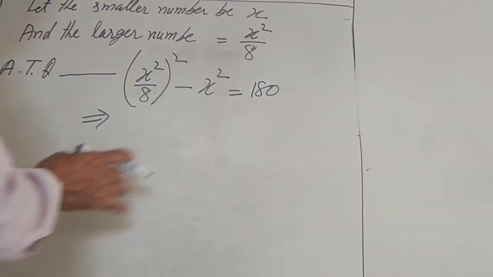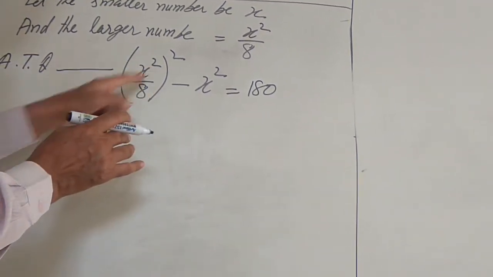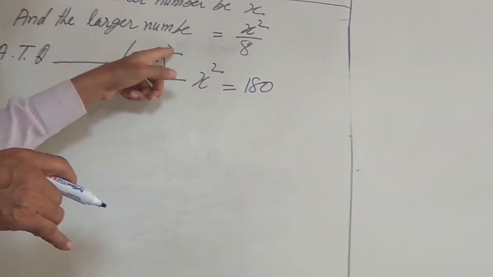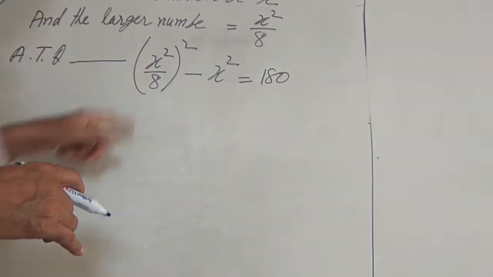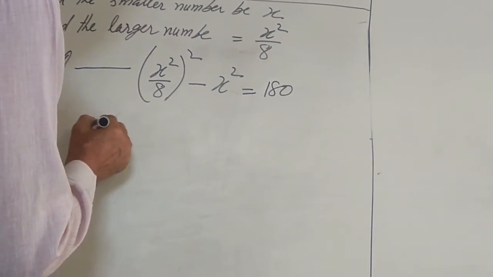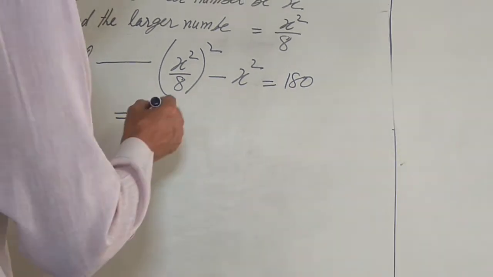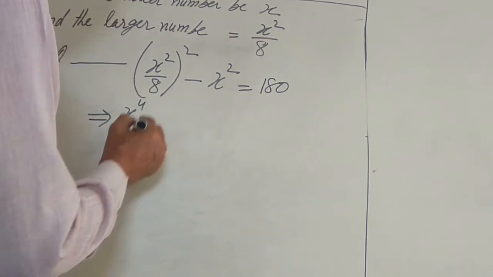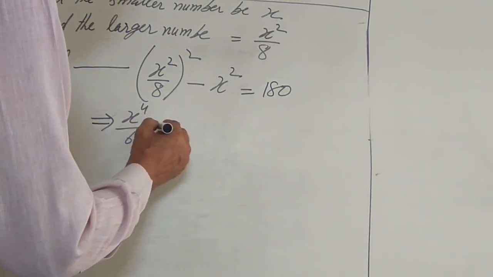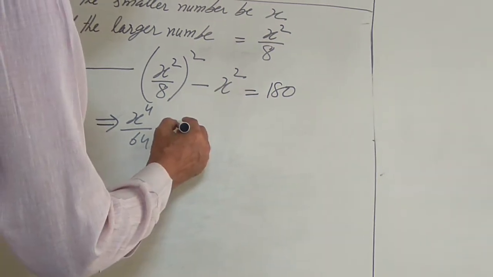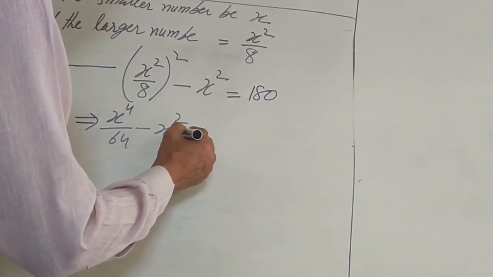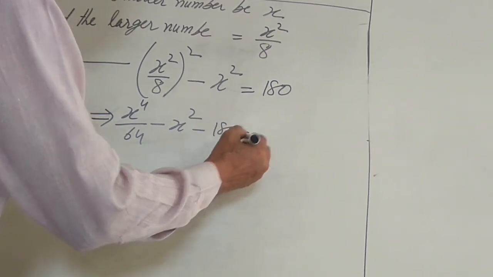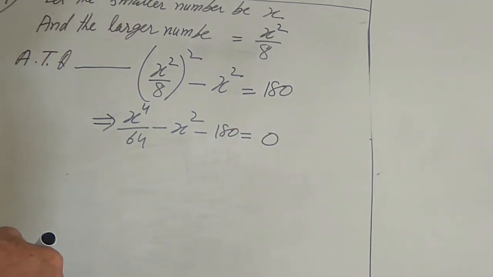We have x square, then square of x square upon 8. So we can write x raised to the power 4 upon 64 minus x square minus 180 is equal to 0.